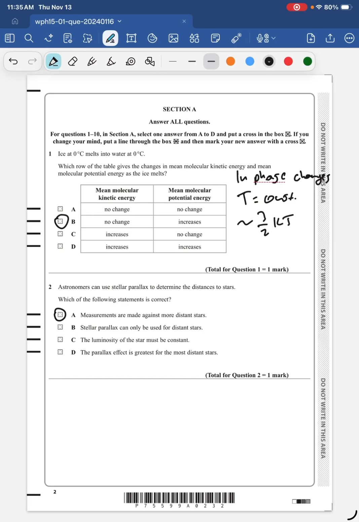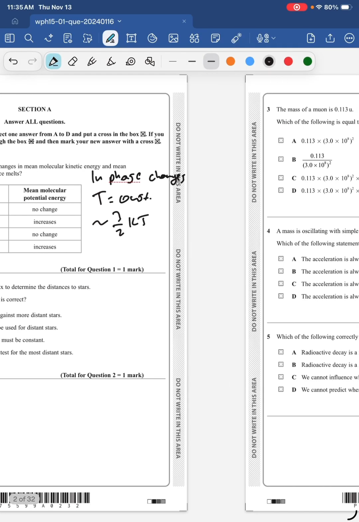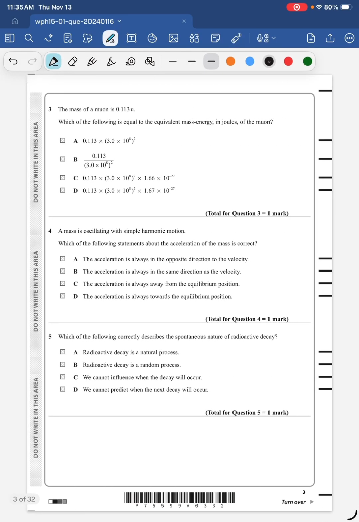B says that stellar parallax can only be used for distant stars. That's wrong. The luminosity of the star must be constant. No, that refers to standard candles and things like that. D, the parallax effect is greatest for the most distant stars, which is totally wrong. So let's move on.